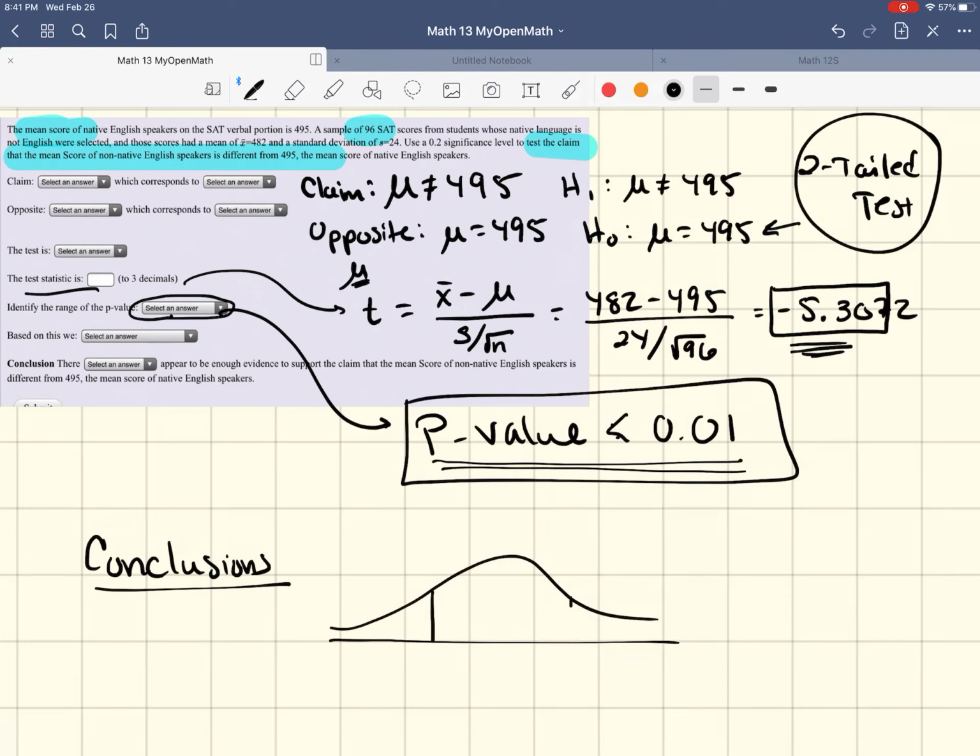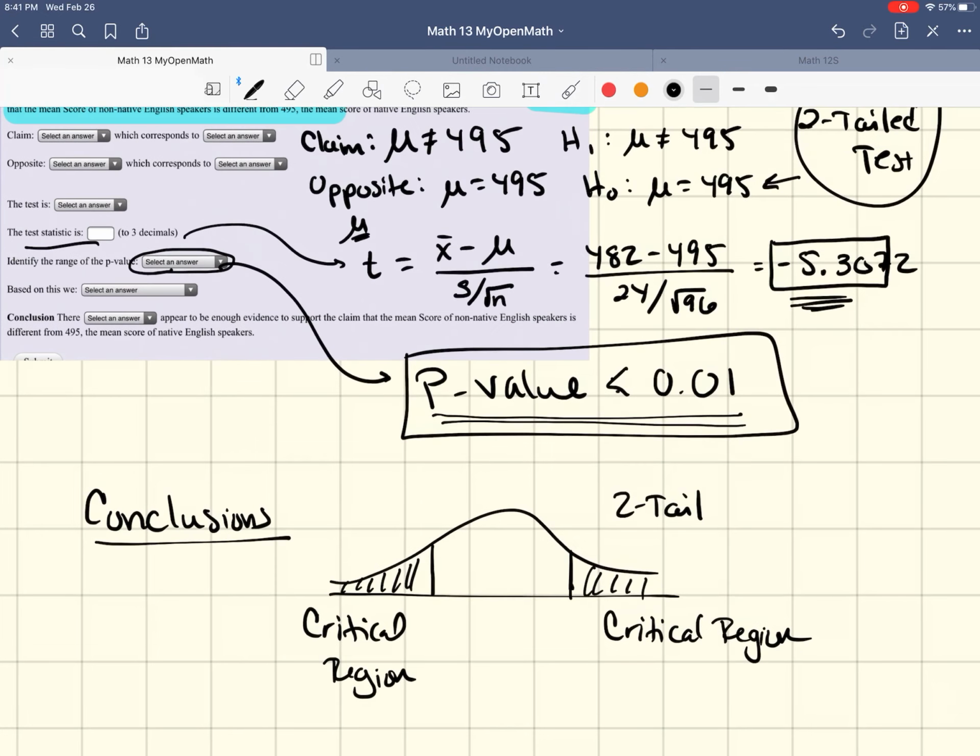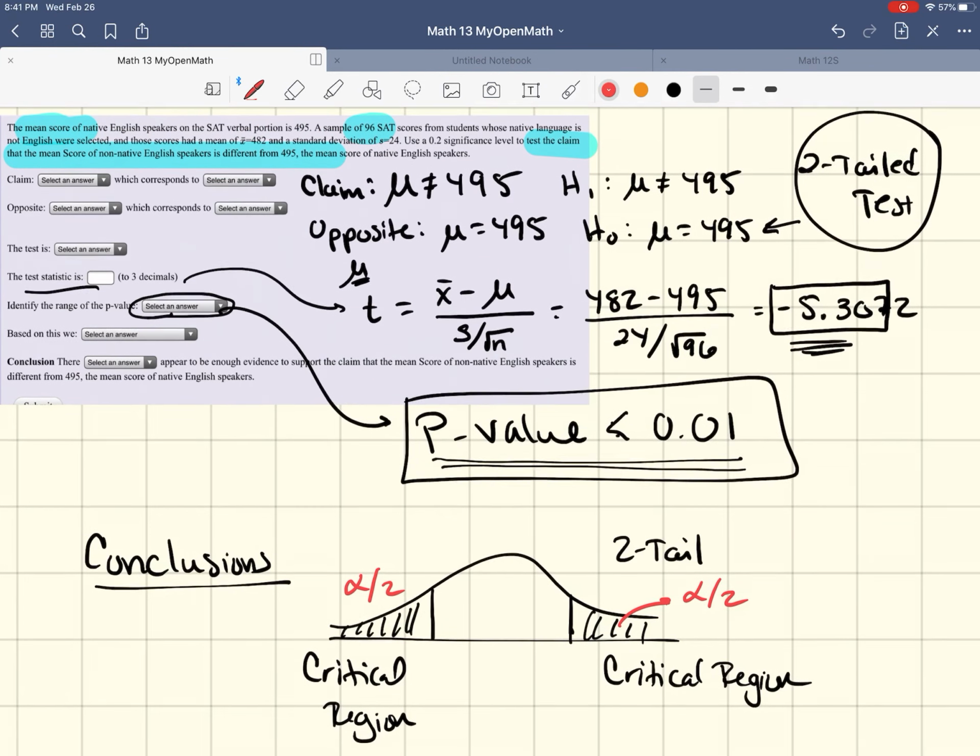Remember, if you go back to what this looks like, we have a two-tailed test. And in a two-tailed test, these are our critical regions, each one of them. It's in those regions that we would reject the null hypothesis. Since it's two-tailed, the area right here would be alpha over 2 for each of them.